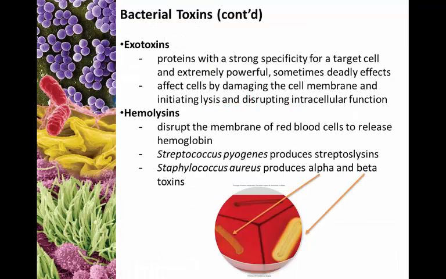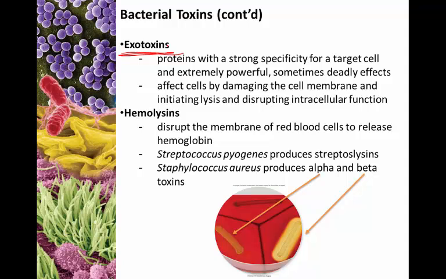Okay. So, again, the exotoxins, we're going to be a little bit more specific here. These are proteins that are excreted by the cell again. They have a strong specificity for a target cell. And they have extremely powerful effects upon the cell. Sometimes they can even be deadly.